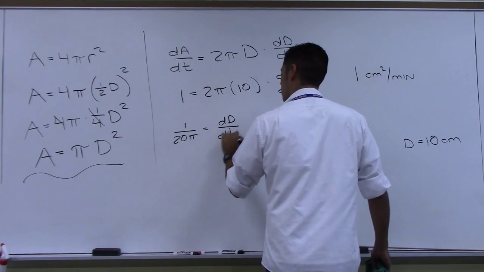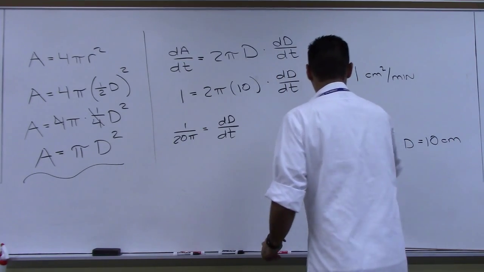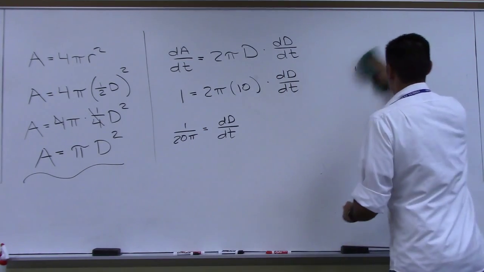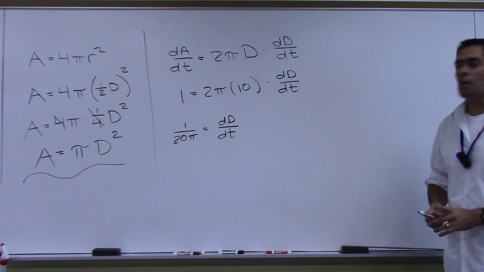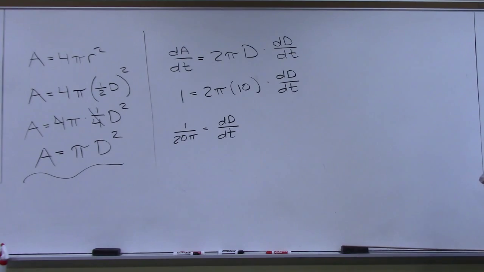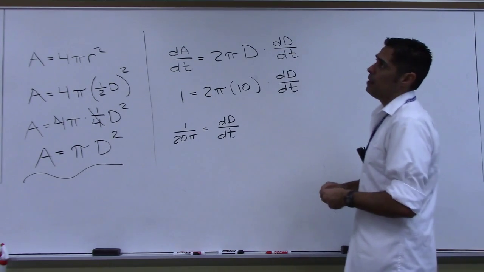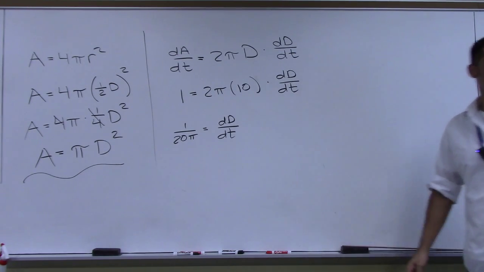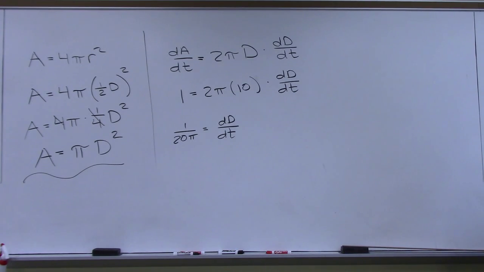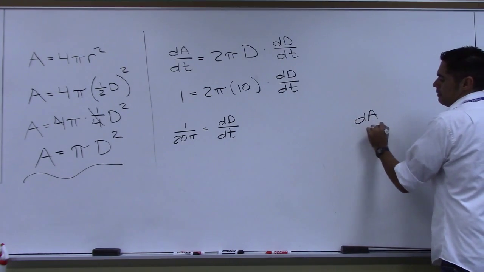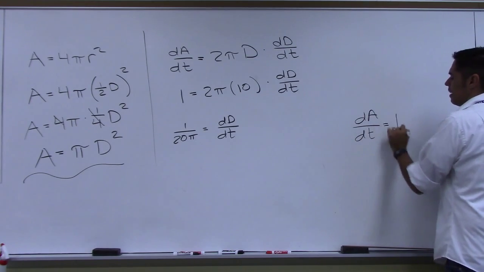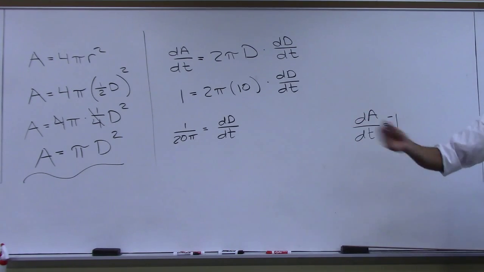So the question asks, like, how is the diameter decreasing? So is that why you wouldn't put a negative on that? Well, what we would have needed to do if this was a melting snowball, right, is that our dA/dt should have been -1. It was a melting snowball. So if I would have used -1 instead, then our answer would have been negative.